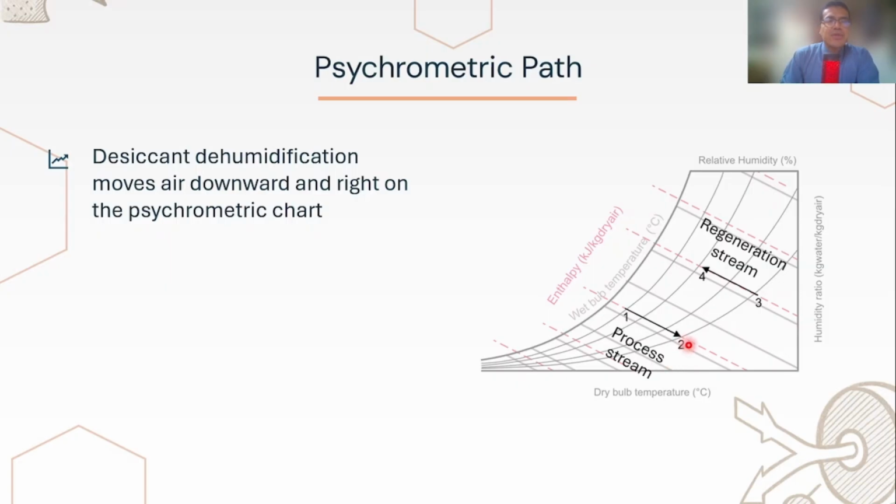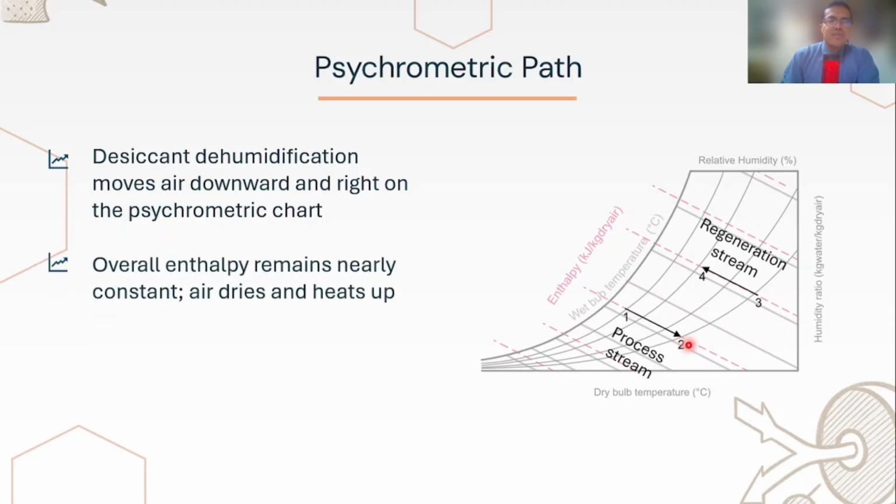This behavior is explained by the heat of sorption. As the desiccant absorbs water vapor, it releases heat. This warms the desiccant surface, which in turn transfers heat back into the air stream.